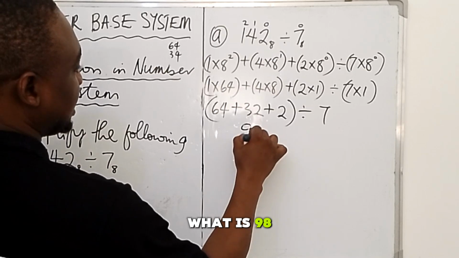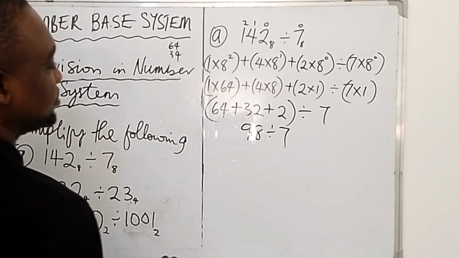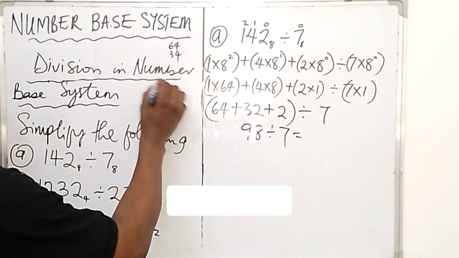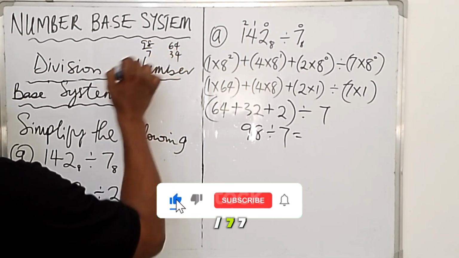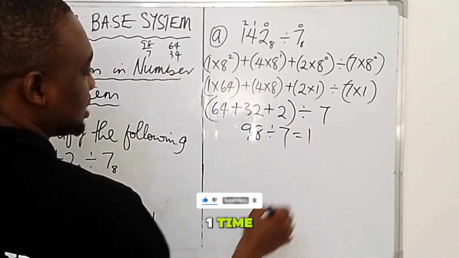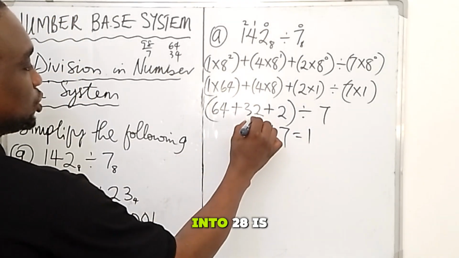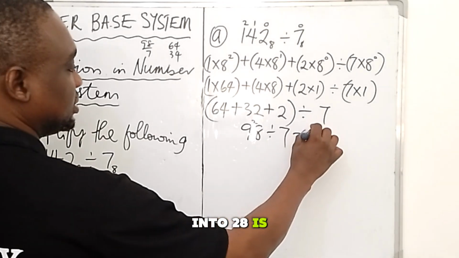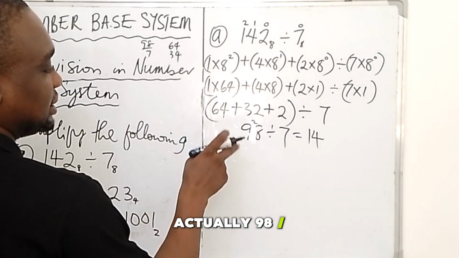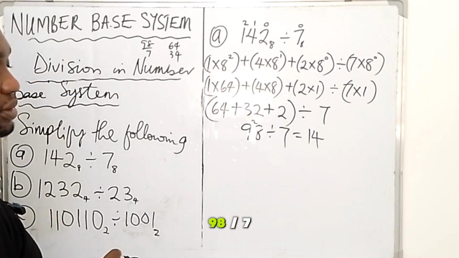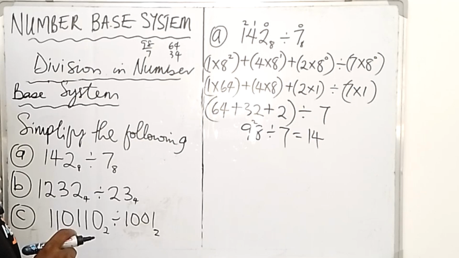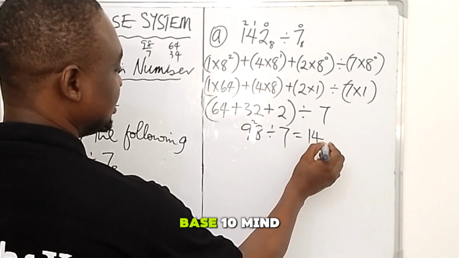That is 98 divided by 7. 7 into 9, 1 time. Into 28 is 4 times. So actually, 98 divided by 7 is 14. This is in base 10, mind you.